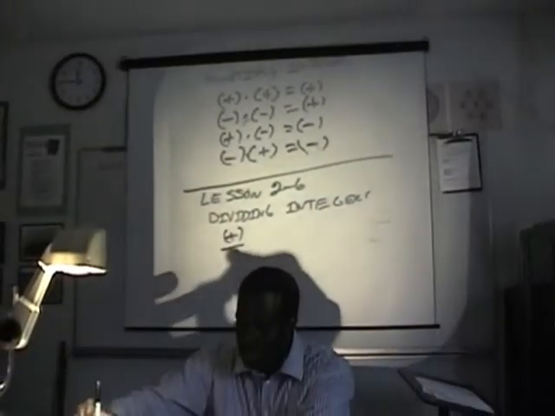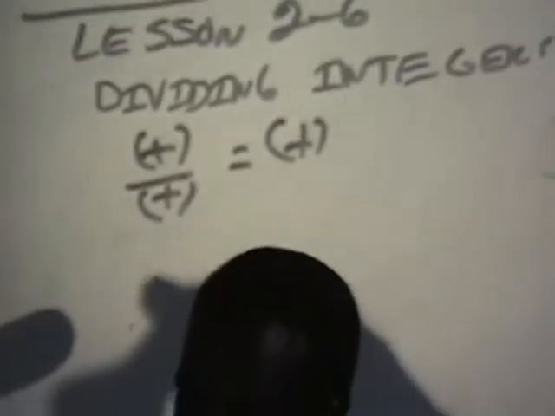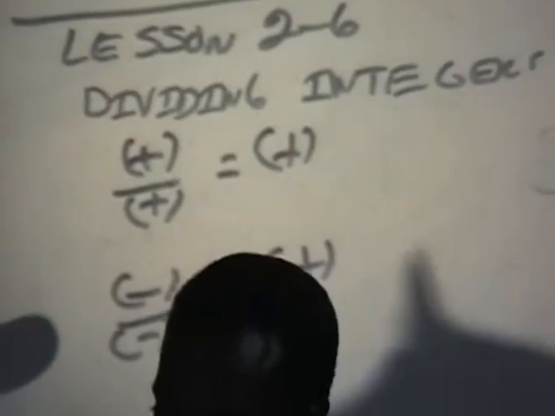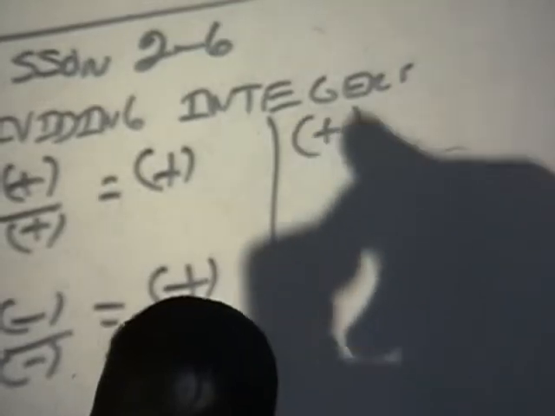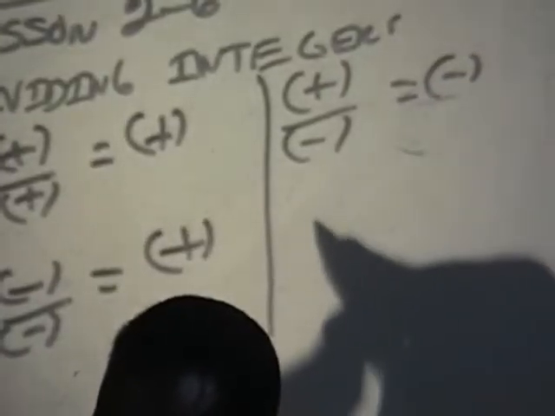Now, what are the rules for dividing integers as far as signs are concerned? A positive divided by a positive gives us a positive. A negative divided by a negative gives you also a positive. Over here, a positive divided by a negative gives you a negative. And then a negative divided by a positive gives us also a negative.